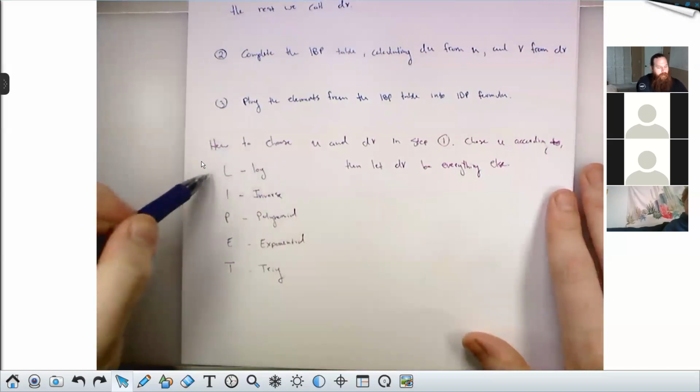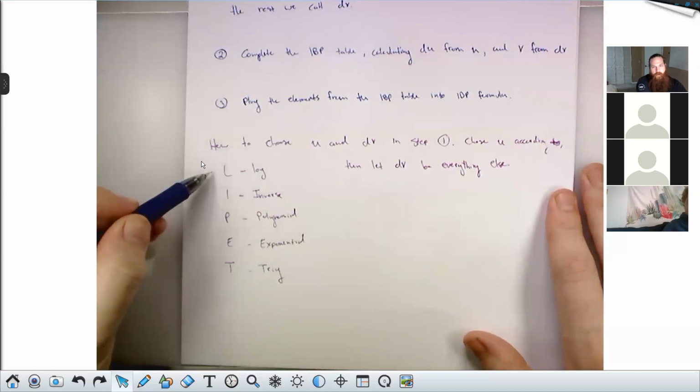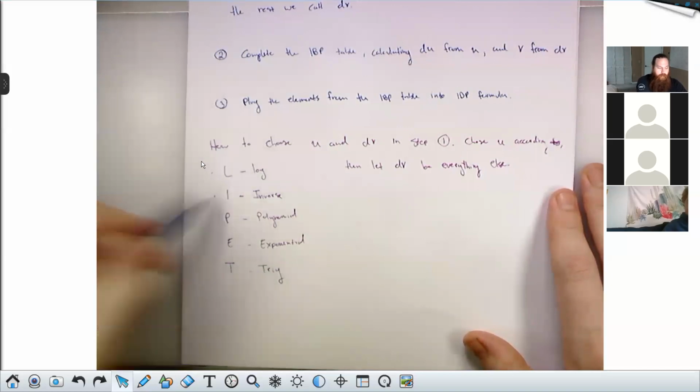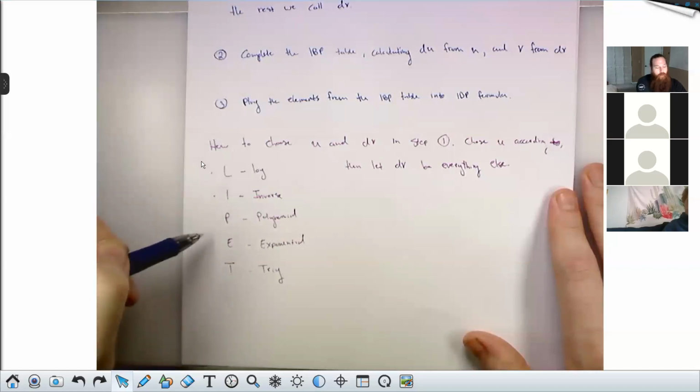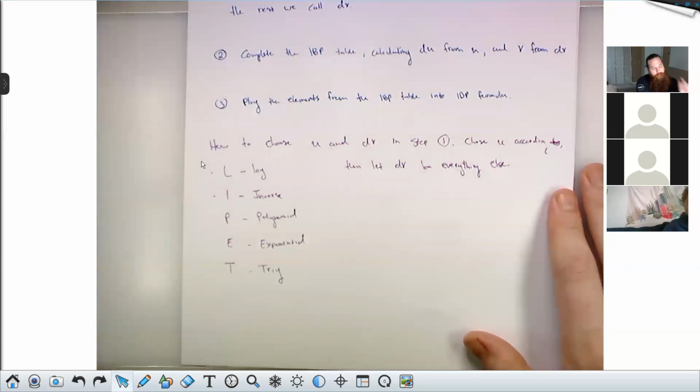If there are any logs in my integral, I'll pick u to be the logarithm function and let dv be everything else. If there are not any logs, then I look for any inverse functions. If there are any inverse functions like arctan or the inverse sine function, then I'll choose u to be that and let dv be everything else.